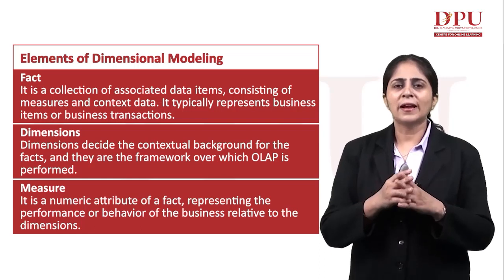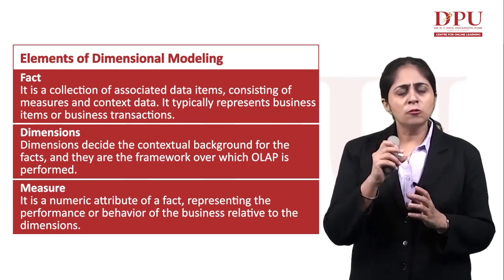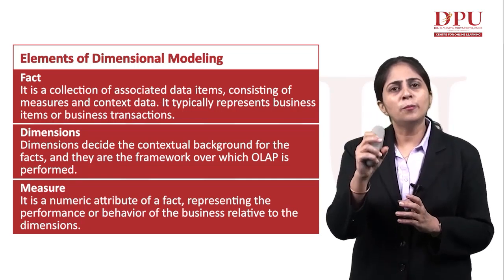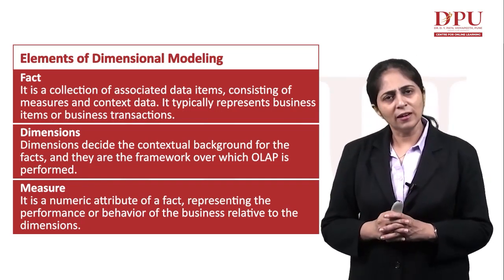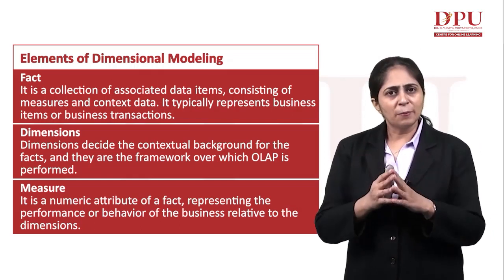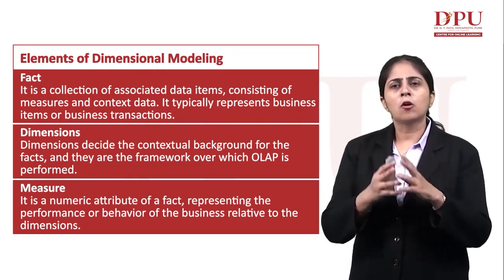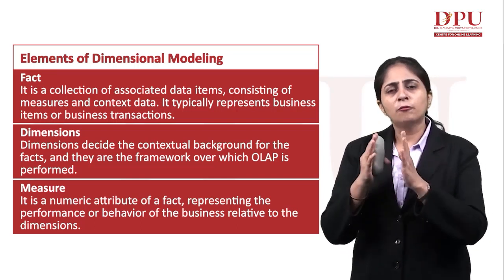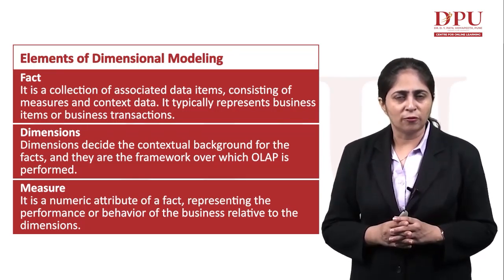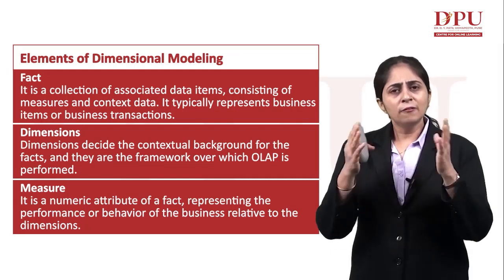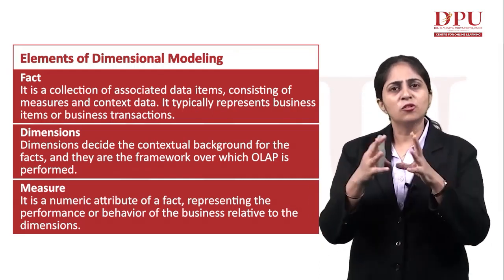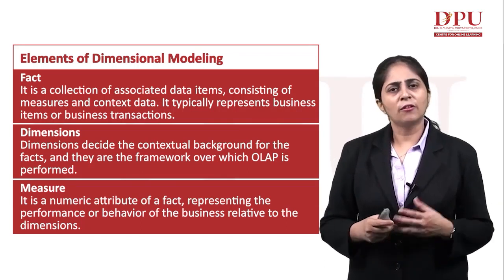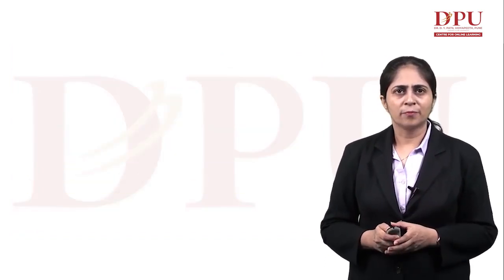If somebody says find out the measure of milk, you should know that in dimensional modeling we are talking about the numeric attribute of that particular item. If somebody says dimension, show me according to the dimension of location, you have to know that you are focusing on the location at that point of time. Fact means the collection of the associated data items. So these are the three important elements of our dimensional modeling.